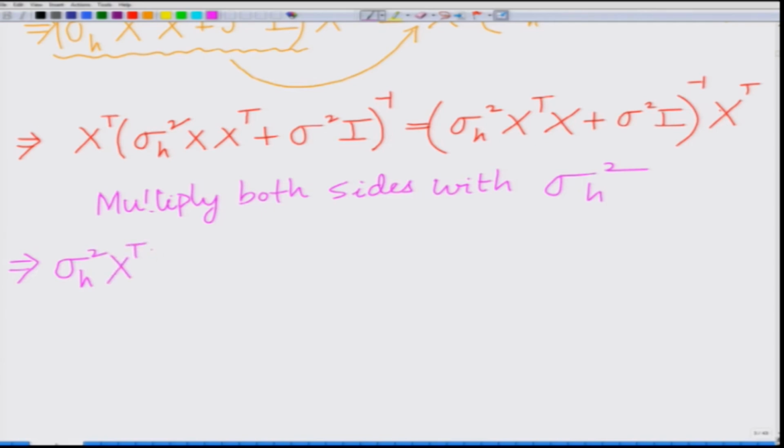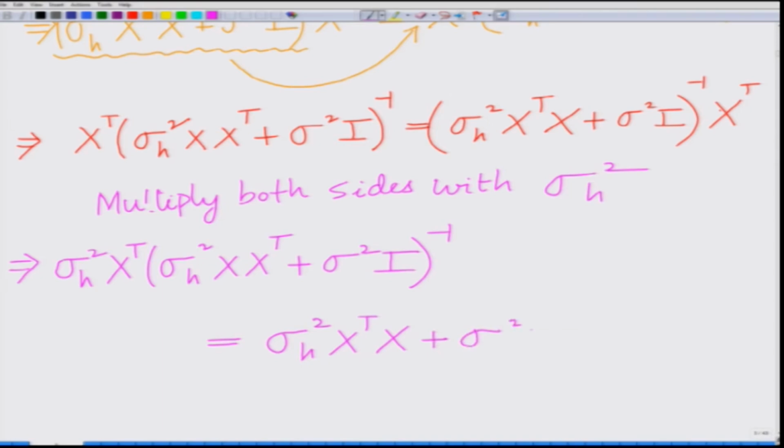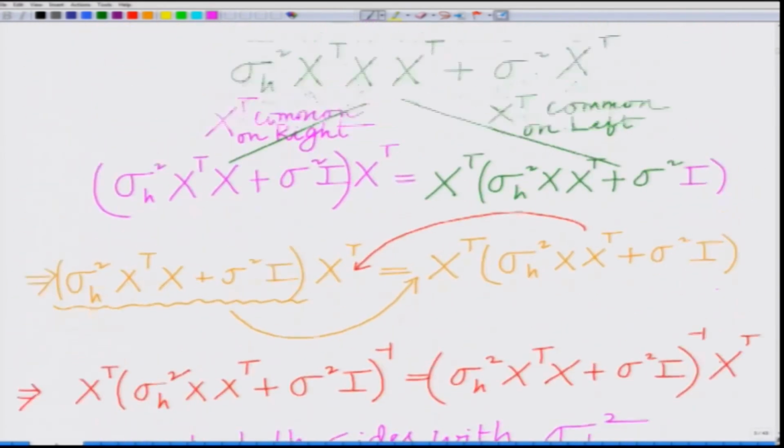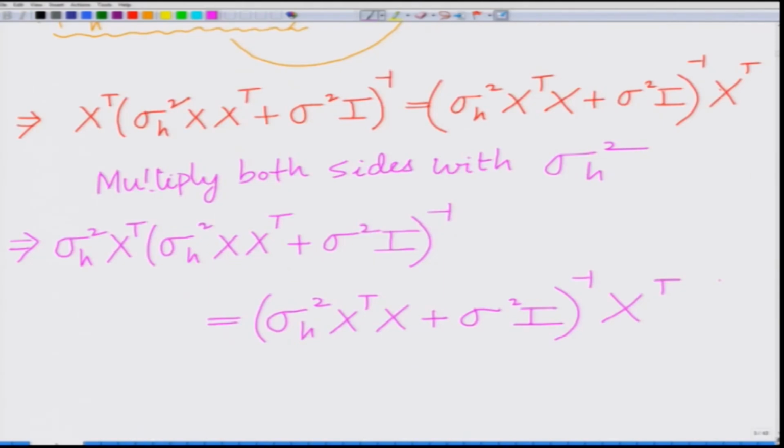So I have sigma h square x transpose (sigma h square x x transpose plus sigma square identity) inverse equal to sigma h square (x transpose x sigma h square plus sigma square identity) inverse times x transpose. Now look at this quantity: sigma h square x transpose times (sigma h square x x transpose plus sigma square I) inverse.